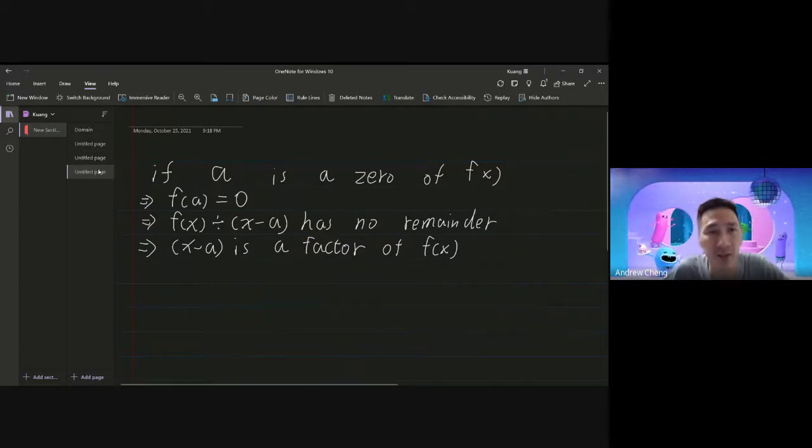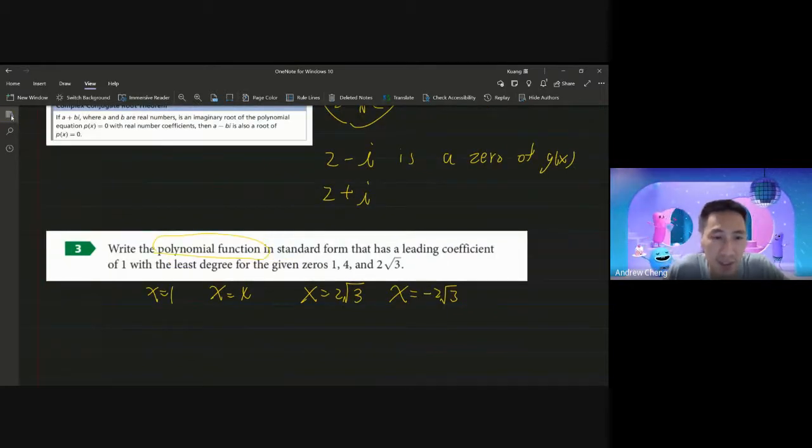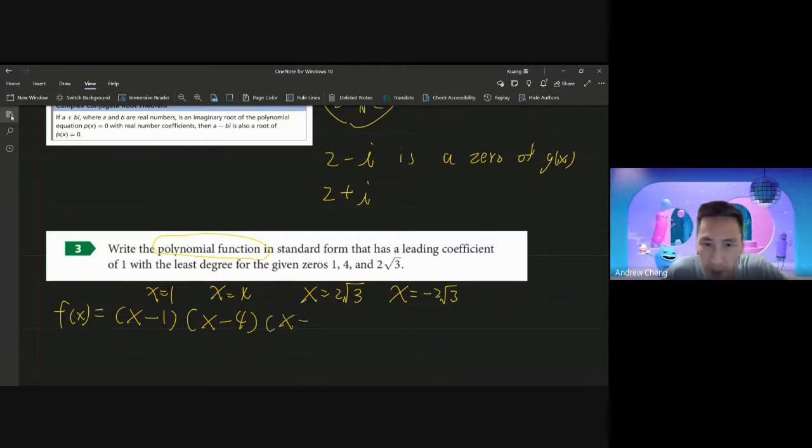So if 1 is a zero, then x minus 1 must be a factor. 4 is a zero, so x minus 4 is also a factor. x minus 2 root 3 and x minus negative 2 root 3 are both factors of this polynomial.